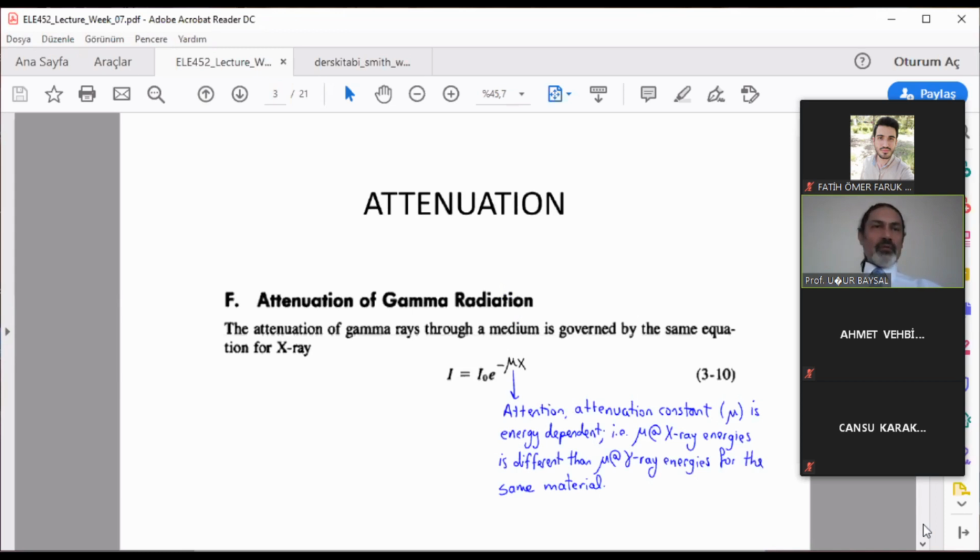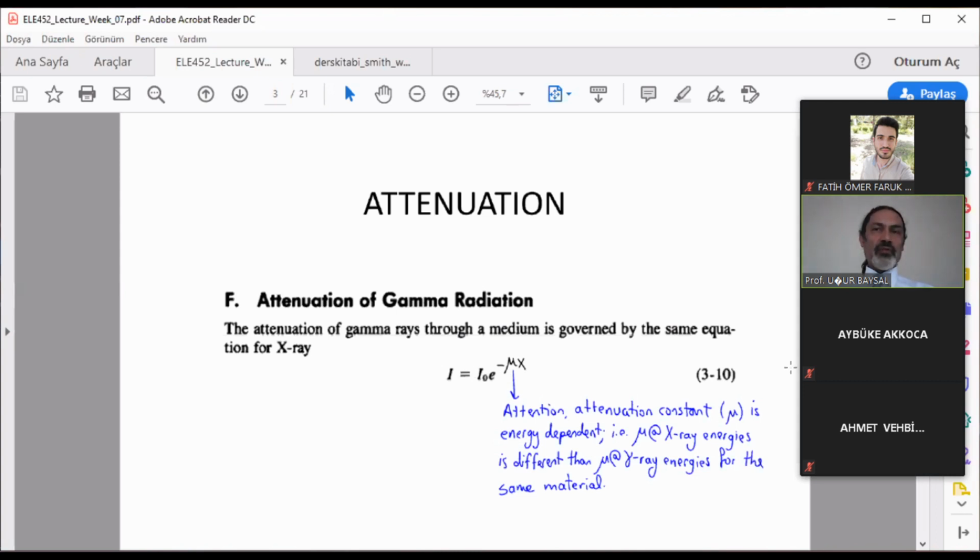Of course, this is also called a gamma radiation because that's a special energy gamma rays, two twin rays, okay? And the attenuation mechanism is the same as X-ray. The only difference is the energy of the photons are different.